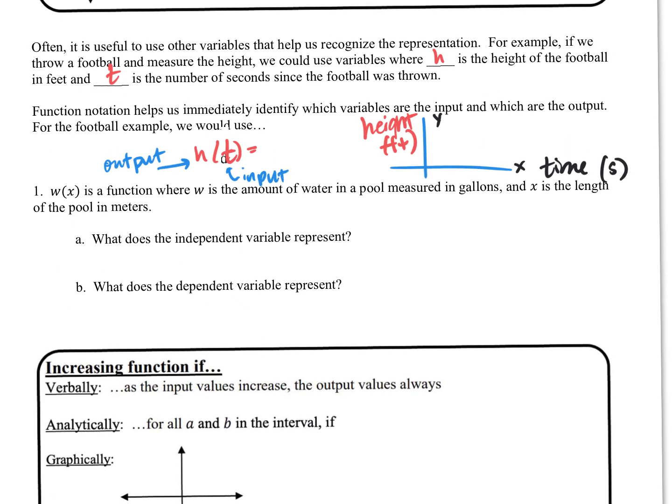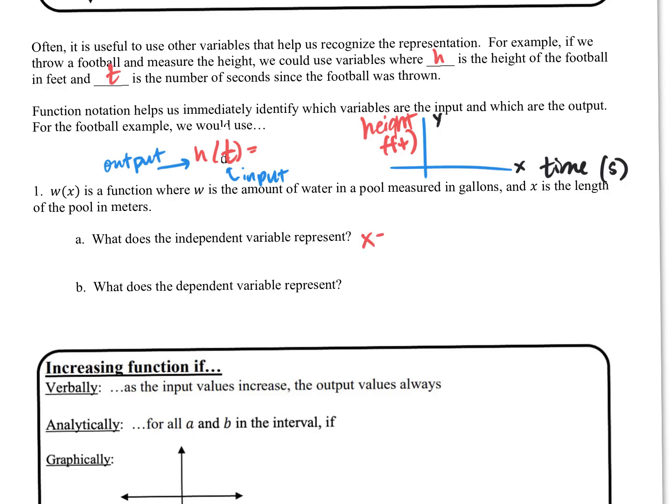Okay, W of X is a function where W is the amount of water in a pool measured in gallons, and X is the length of the pool in meters. Which one is independent? W of X. Yeah, that X, whatever's in our parentheses is going to be that independent.